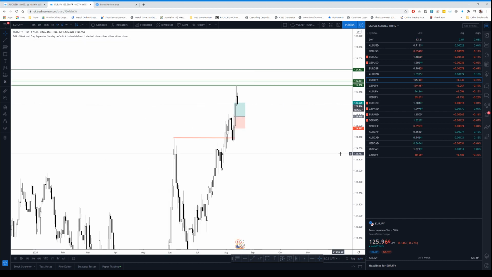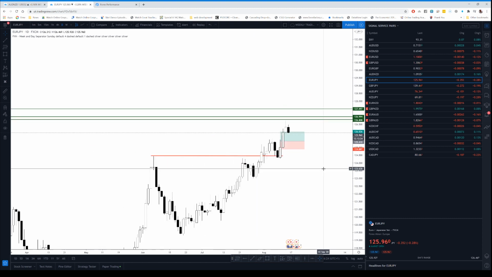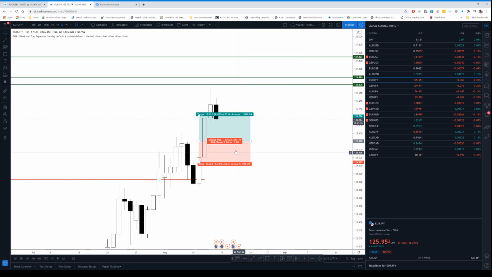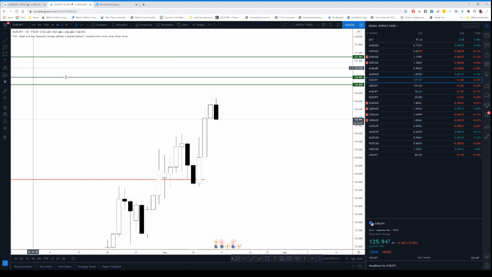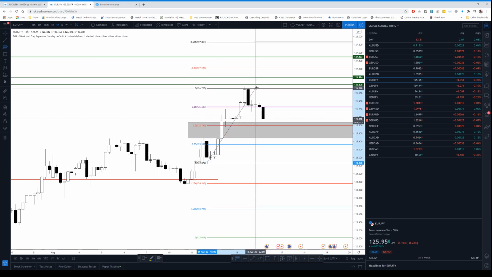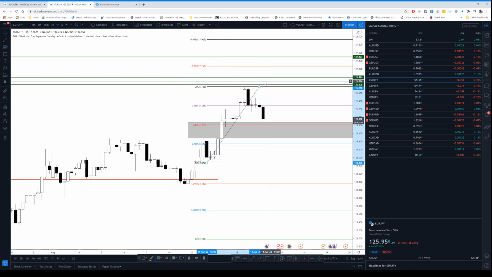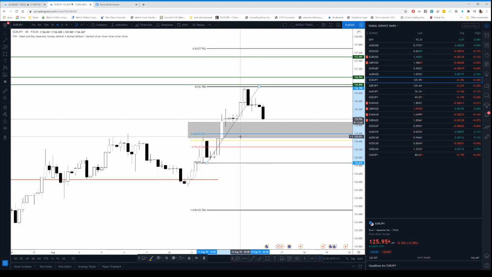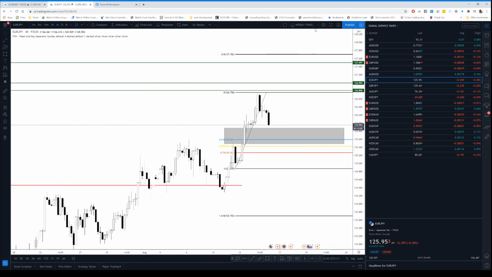So on the daily, it's coming for, so stay vigilant, stay alert on this one, because it might, inside this area, it might turn around. So between this low and that high, inside in here, if I change this to OTE, somewhere in there it might turn around and then push up. So be vigilant on this one.